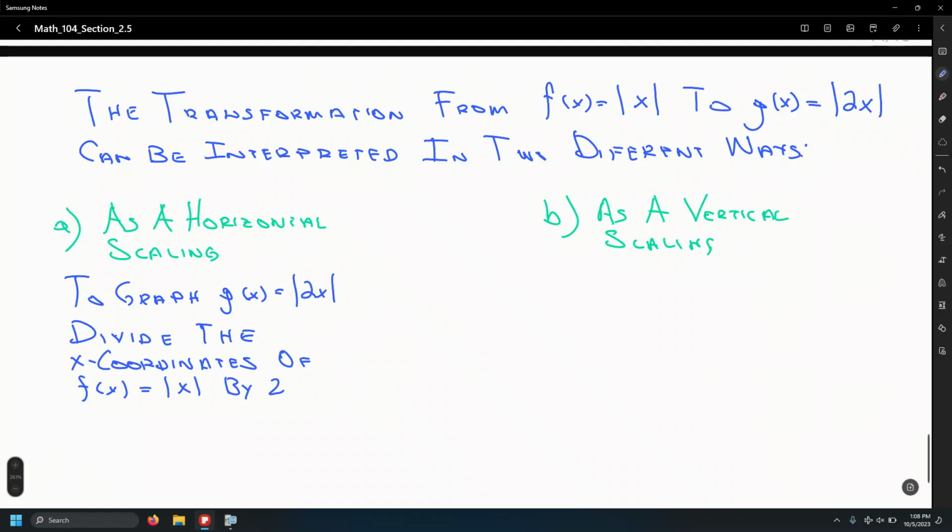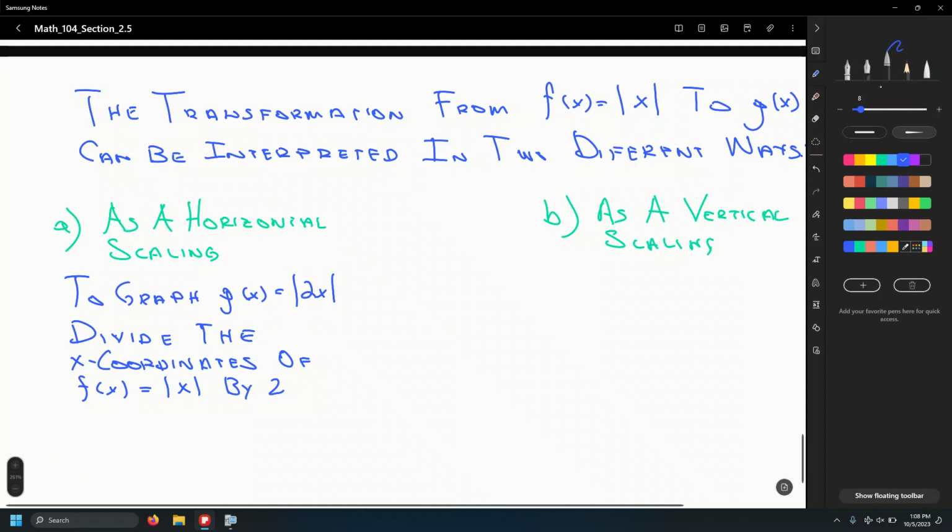Well, doesn't the quantity inside the absolute value bars look like a product between two quantities, the product of 2 and x? So how about we use the properties of absolute value expressions to rewrite it?